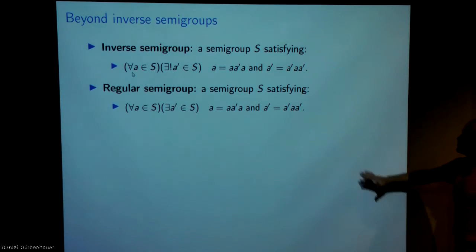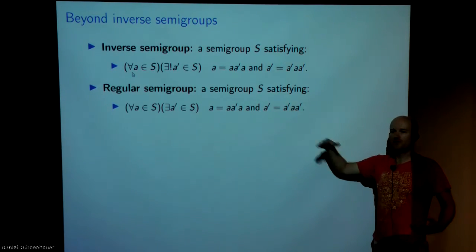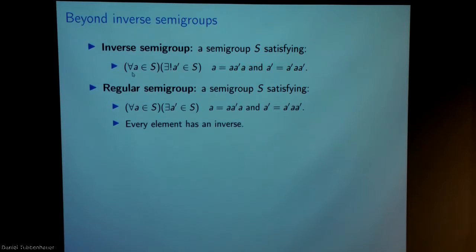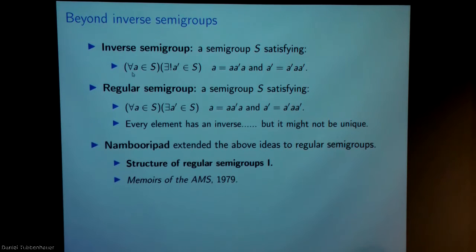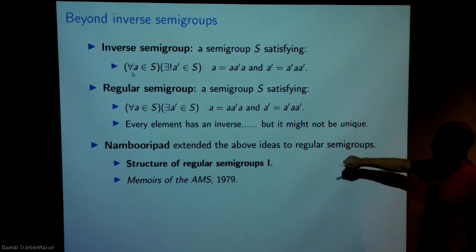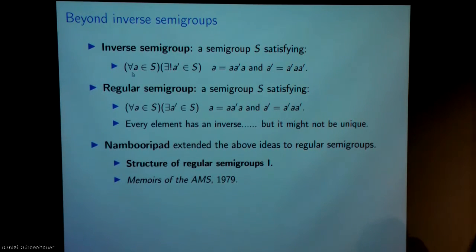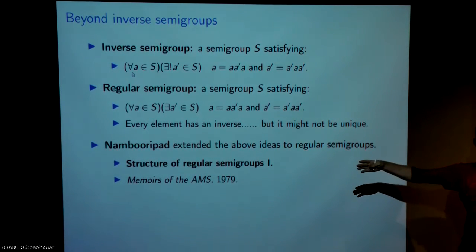But there's a sense in which regular semigroups are way too far of a generalization. So every element has an inverse, doesn't have to be unique. There's an extremely amazing paper by the Indian mathematician Nambooripad, who is a bit of a Ramanujan of semigroup theory. He just popped up in India and wrote this amazing thesis where he extended this inverse stuff all the way to regular semigroups.